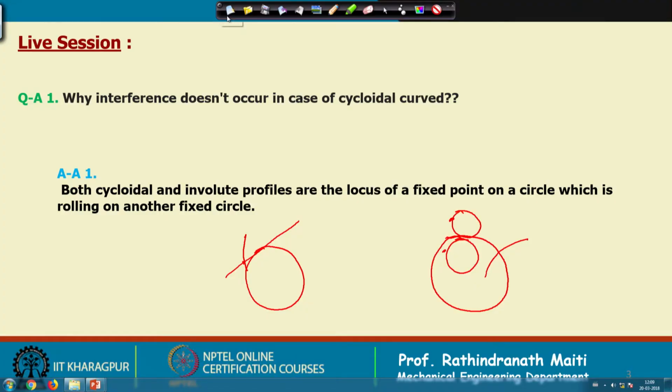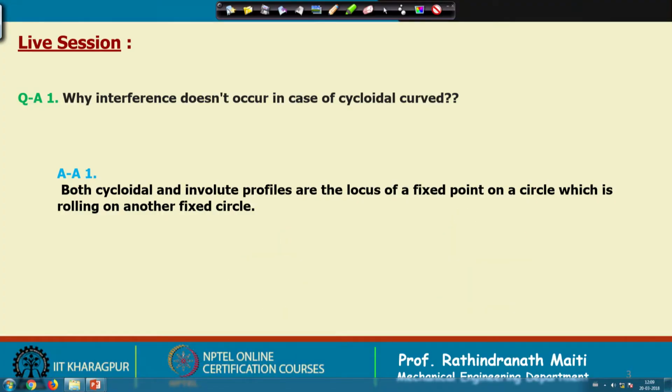We have to accept that, but we use only a small portion of the cycloidal curve. So, in the case of the cycloidal profile, there will be no interference. If you need further clarification, I welcome you to send me a message, I will definitely respond.